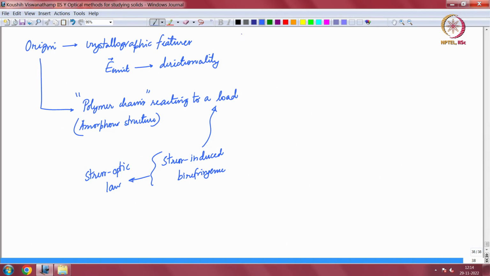And remember that since the E bar is affected, both phenomena and especially stress induced birefringence will depend on the polarization of the incoming light.